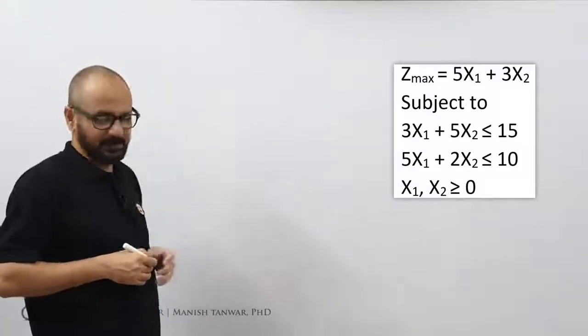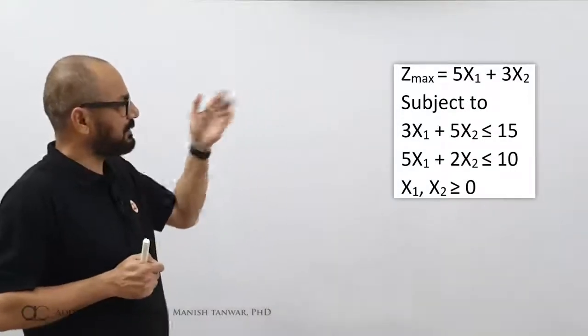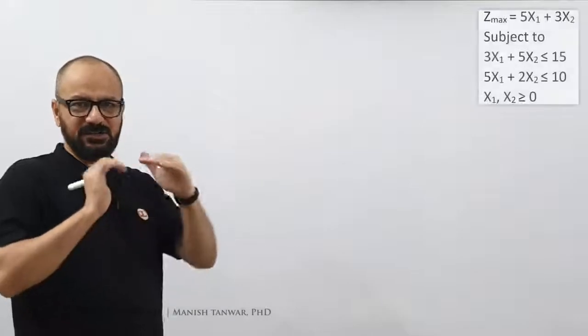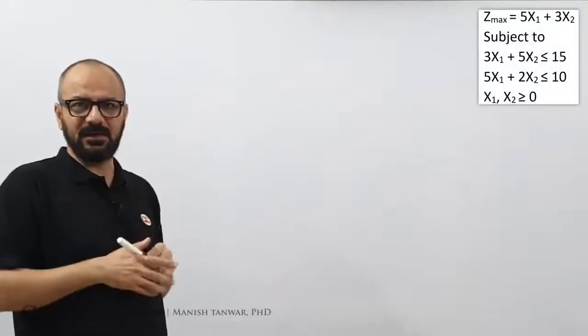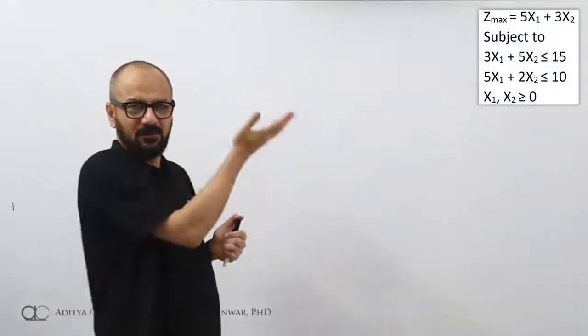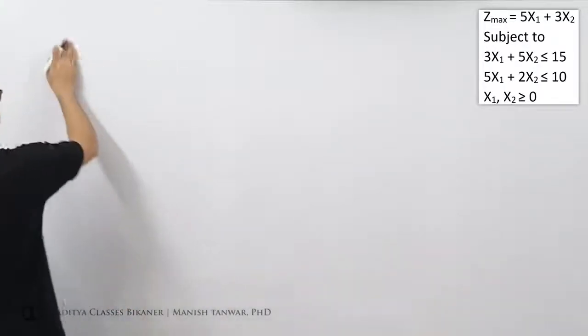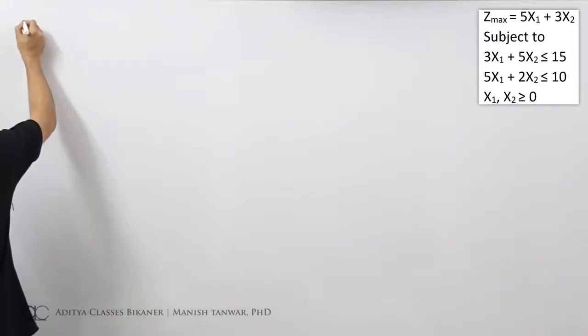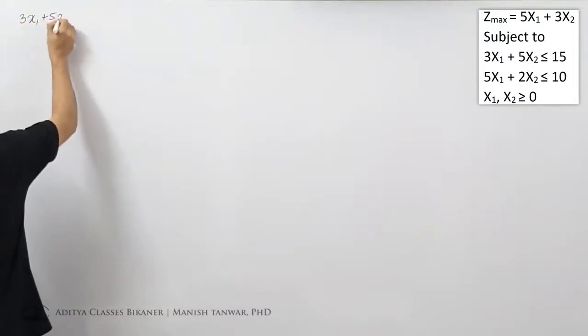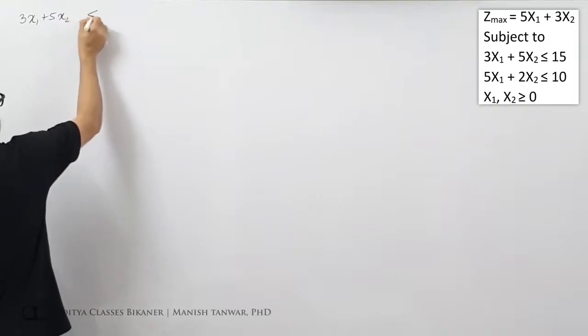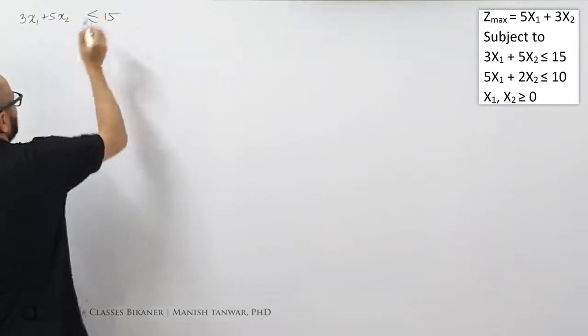First step, the starting point, is to convert the inequalities into equalities. The canonical form gets converted into standard form. How do we convert those inequalities into equalities? Take 3x1 plus 5x2, which is less than equal to 15.